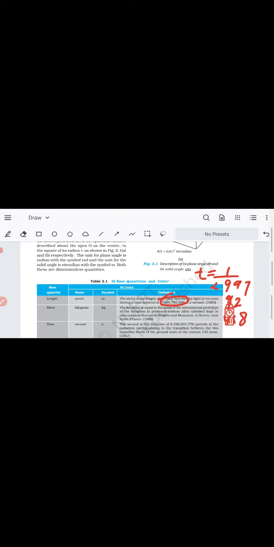So your time is 1 upon 299,792,458. In that time, the distance traveled by light will be your 1 meter.